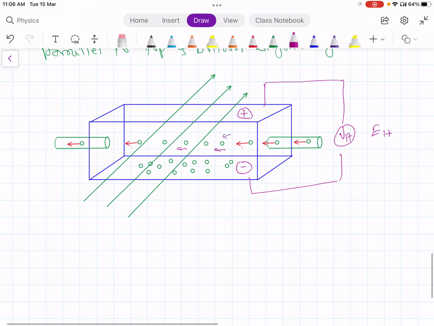So let's see what happens at equilibrium condition.